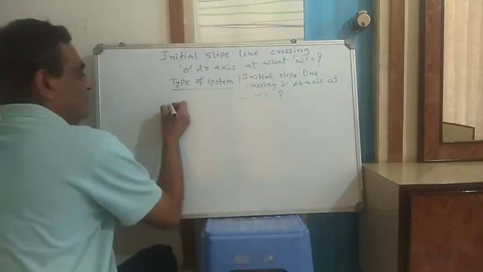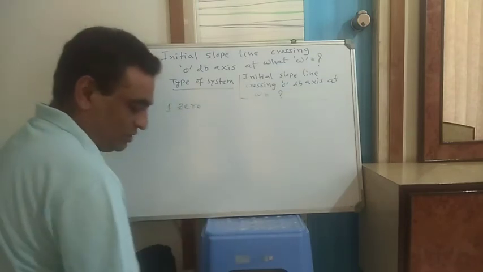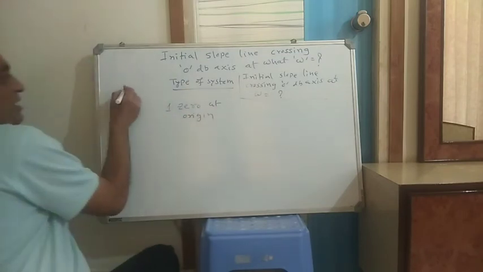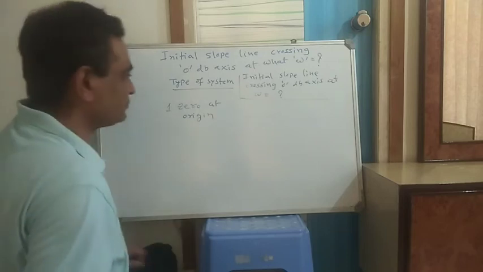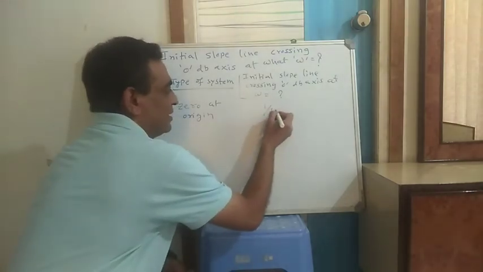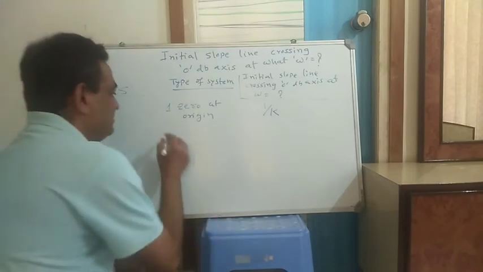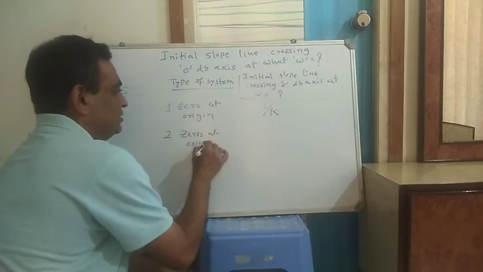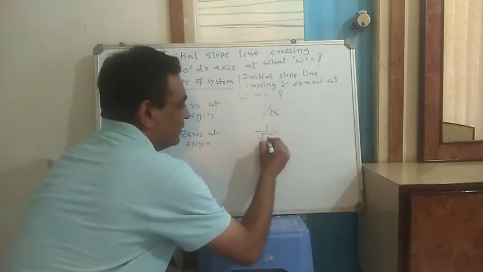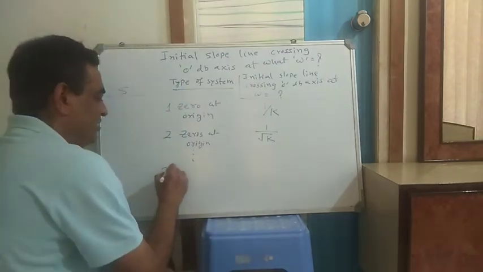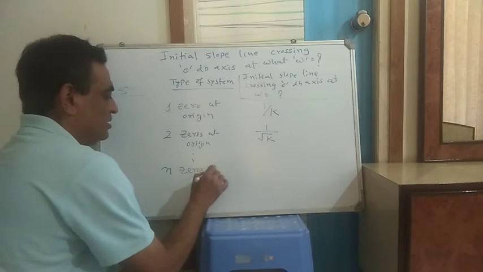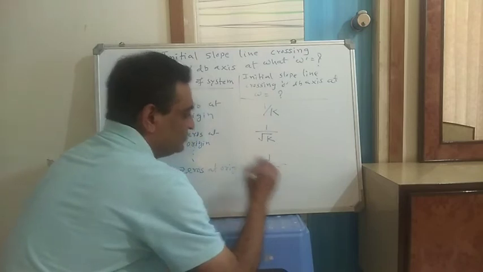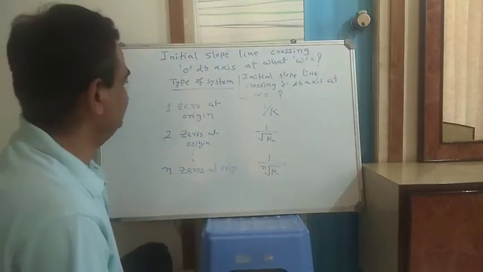Let's say one zero at origin, so I'm talking about s in the numerator. Then it will cross at 1 by K. If there are two zeros at origin, then it is 1 by root of K. If there are n zeros at origin, then it is 1 by nth root of K. These are the situations.